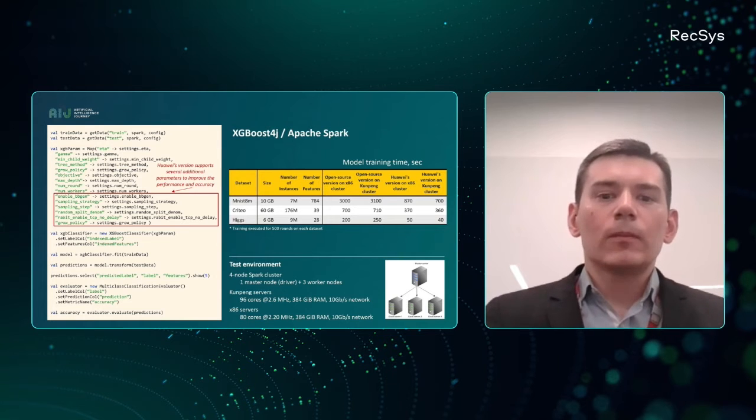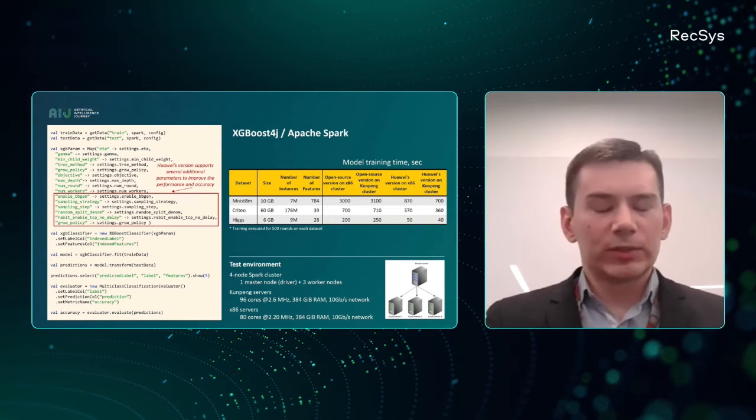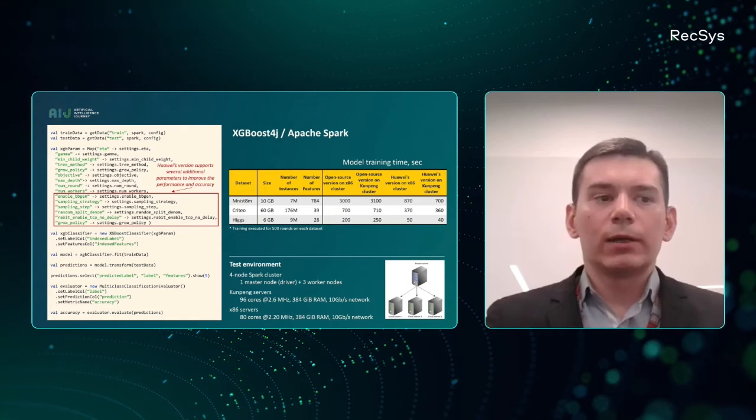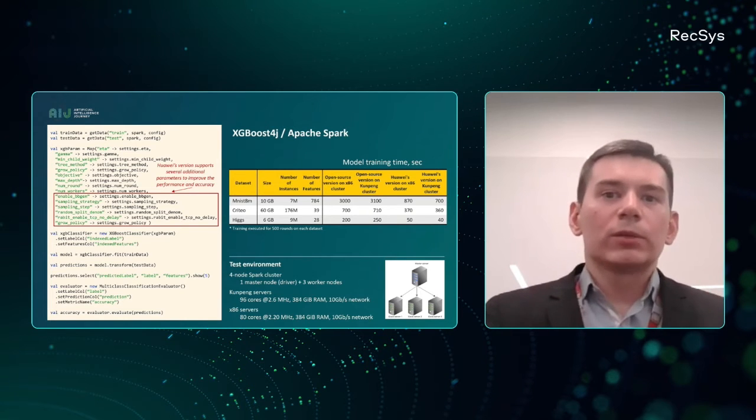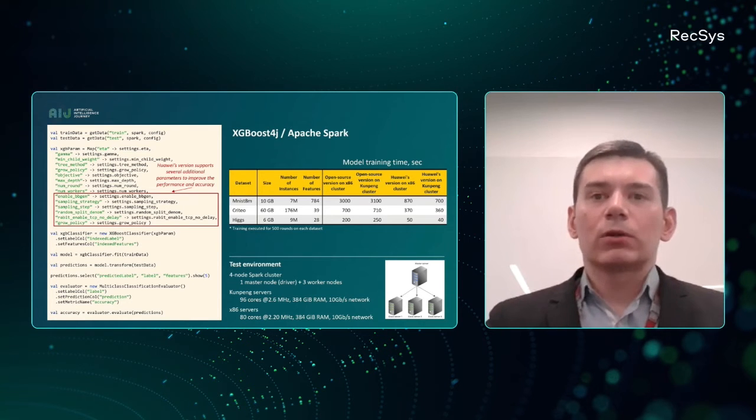Our approach is to preserve the user interface because we promised users we are not going to change the interfaces of open source solutions, so we don't change the semantics of existing functions. However, we add our own parameters. Every parameter in this case is responsible for a separate setting, optimization, tuning.